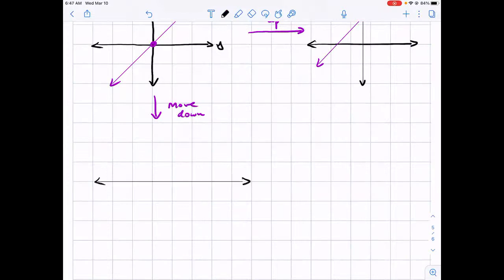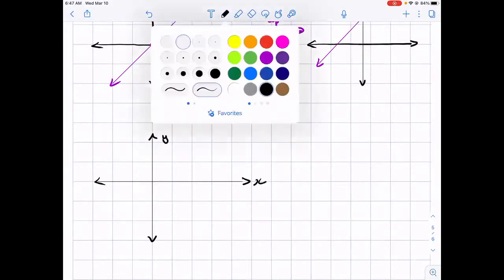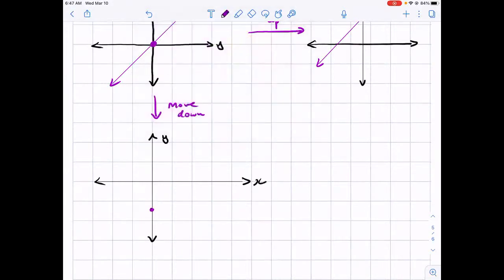So all we're doing is taking that point on the graph, that dot, which is at the origin right now. And if I now move it there, you will see that my graph would look something like this, which is in the form y equal mx plus b. So here is the b right now.